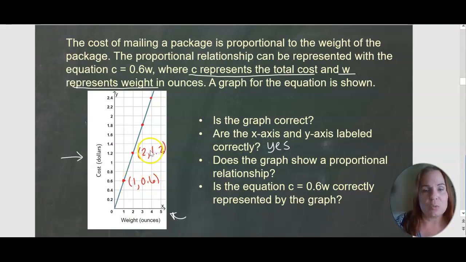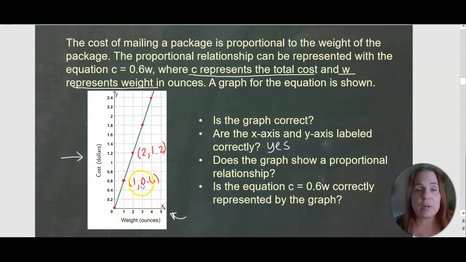So now I'm going to do y divided by x here, and 1.2 divided by 2 is also 0.6. So yes, it's proportional, but that's not the only thing I have to check. The other thing that I have to check for proportionality, if it's a proportional relationship, is that it should go through 0, 0. Right? So 2 conditions.